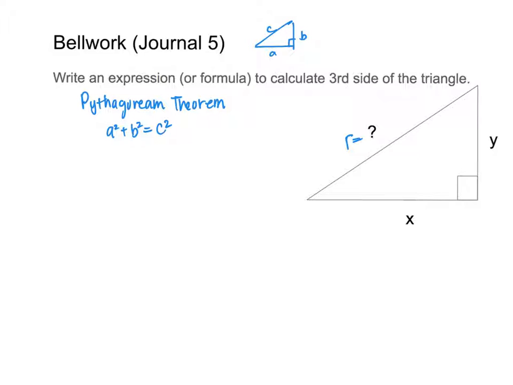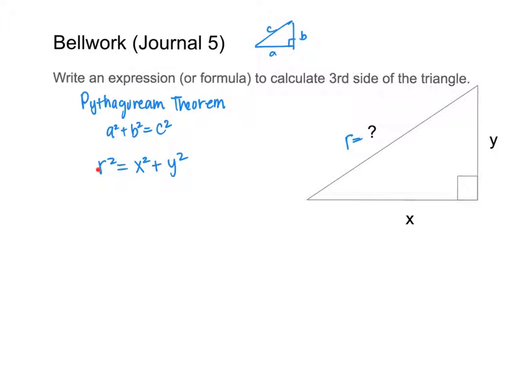But for now, I'm just going to call this hypotenuse side R. Now if I want to use the Pythagorean theorem, all I have to do is say that R squared is equal to x squared plus y squared, right? Because this side is going to be the sum of these two squared. So that's what I have here.